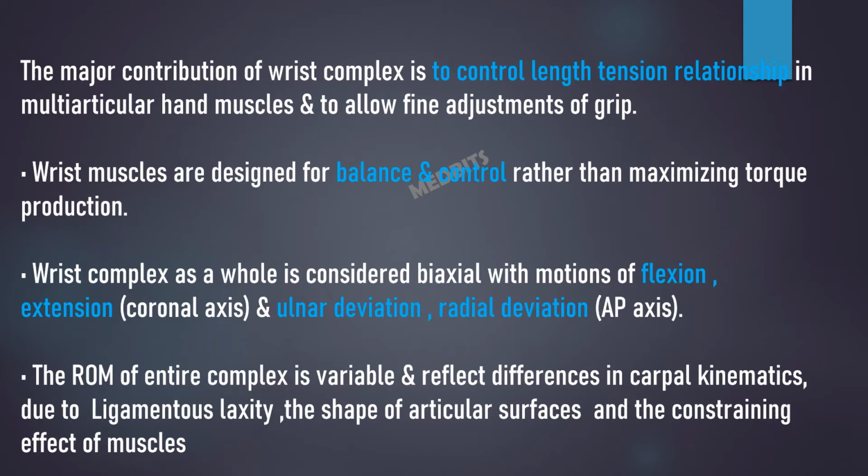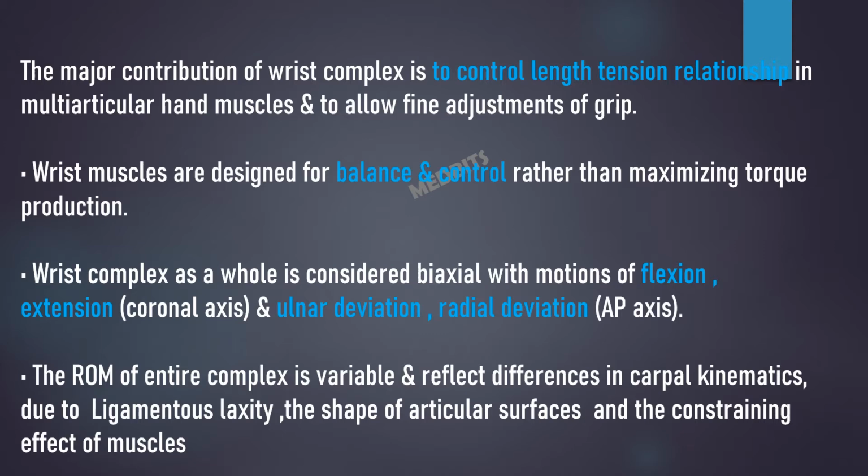Now, coming to the next, the wrist complex as a whole is considered what? Biaxial, with motions of flexion, extension, and ulnar and radial deviation. Beware that you know this, because it should be known as basic learning too, right?